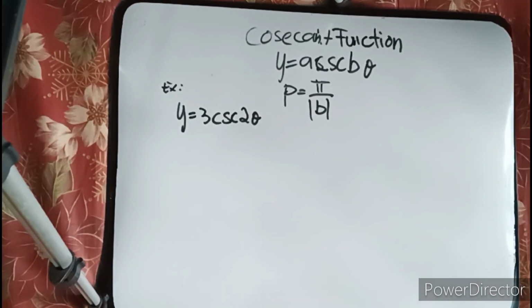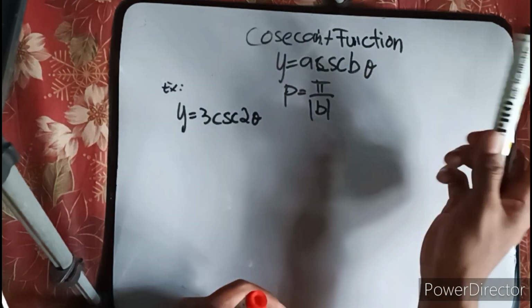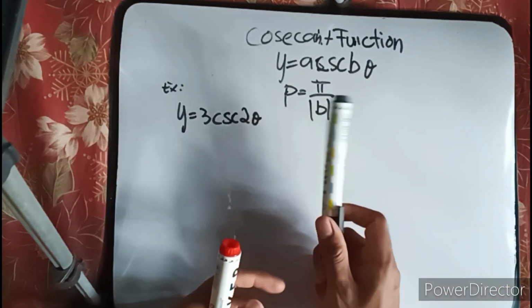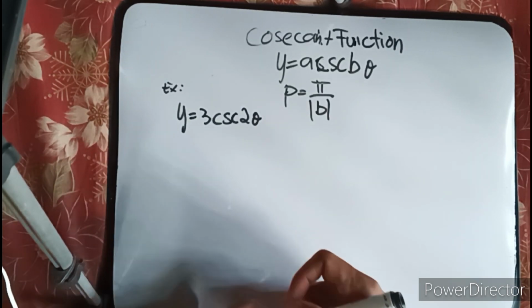In this other discussion, we're going to graph a cosecant function. The standardized equation of the cosecant function is y equals a cosecant b theta, and the period formula is pi over the absolute value of b.